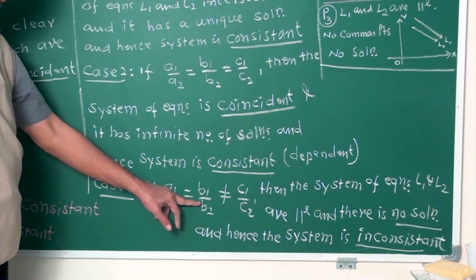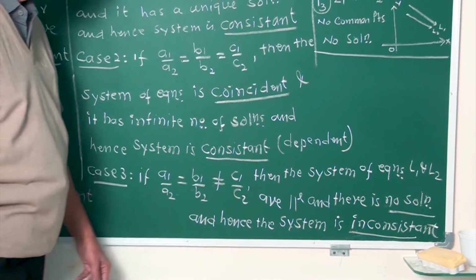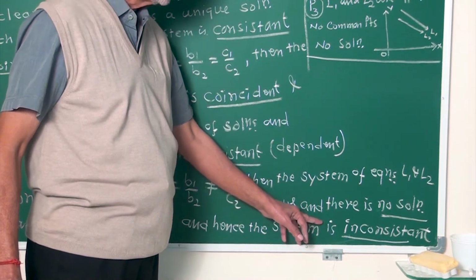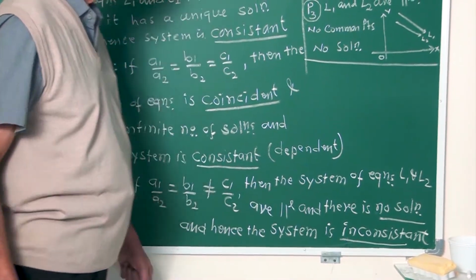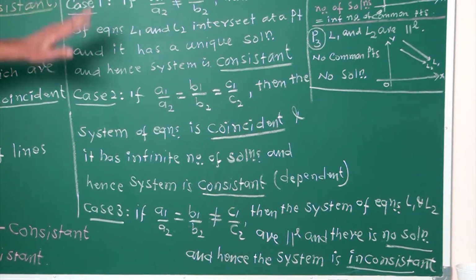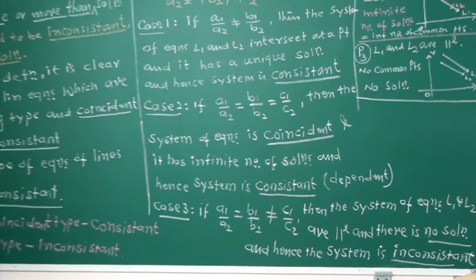A1 upon A2 equal to B1 upon B2 not equal to C1 upon C2, the lines are parallel, hence there is no solution. No solution means it is inconsistent.